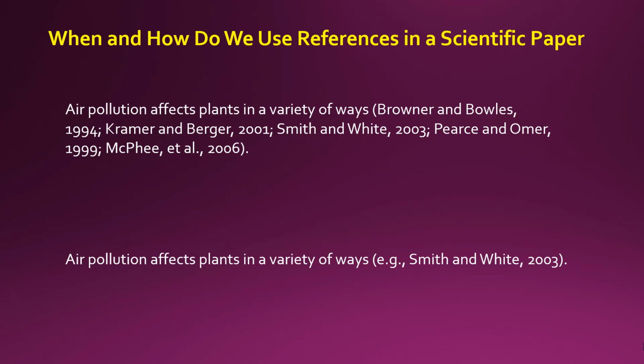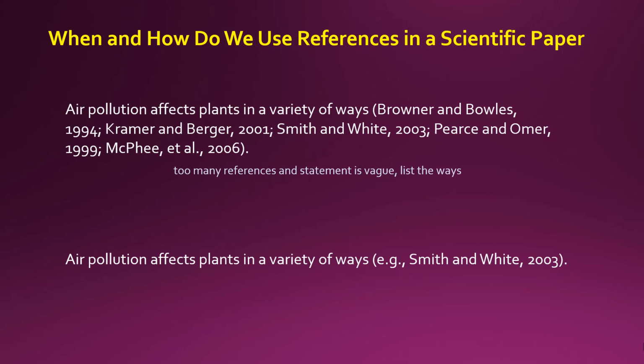So if we look at the first example: air pollution affects plants in a variety of ways. Browner and Bowles, 1994; Kramer and Berger, 2001; Smith and White, 2003; Pierce and Omer, 1999; McPhee et al., 2006. This isn't the best way to do references because there are too many references related to a vague statement.